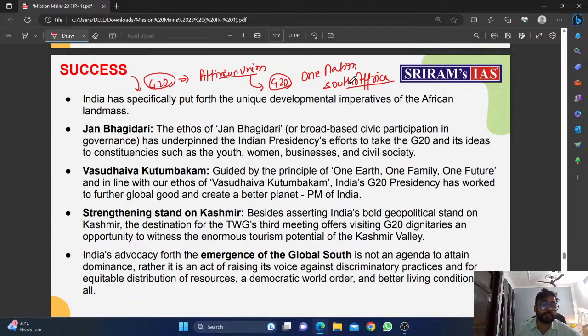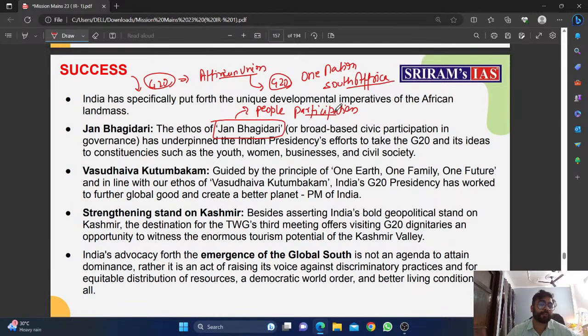Then India is working on the ethos of Jan Bhagidari, that is people's participation. This has underpinned India's presidency's effort to make G20 more inclusive, like we include youth, women, businesses, and civil society.